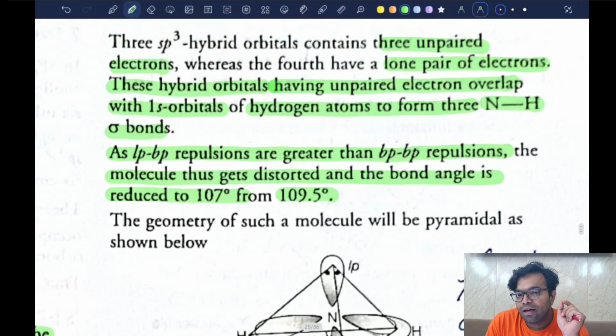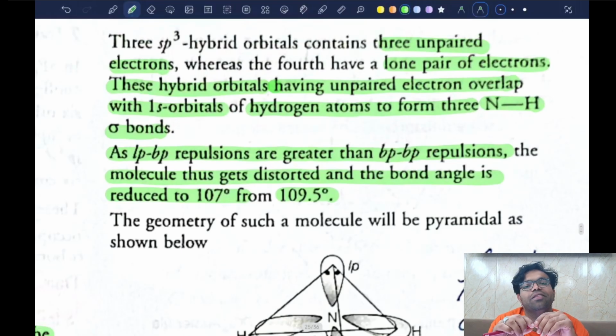Okay, but in the valence shell electron pair repulsion theory, what do we call it? See, there are four hybrid orbitals in the case of NH3. Nitrogen is forming four sp3 hybrid orbitals. Three of these are used to form the sigma bonds with the 1s orbitals of the hydrogen atoms.